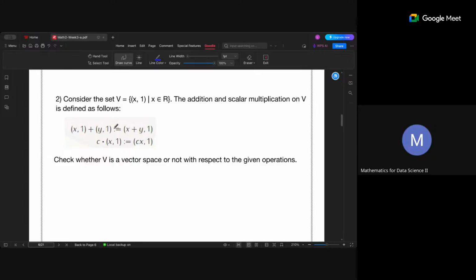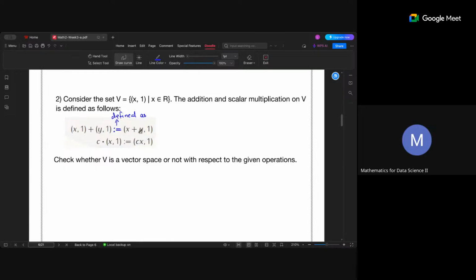A colon and then equal to. This means that it is defined as. So (x, 1) plus (y, 1) is defined like this. In the same way, c times (x, 1) is defined like this.